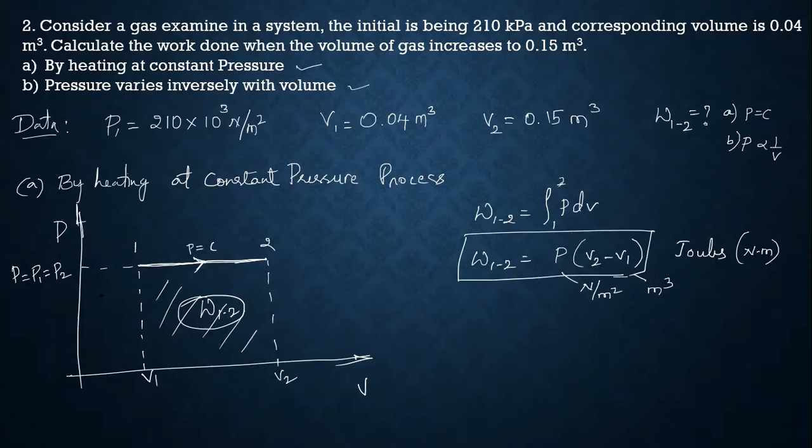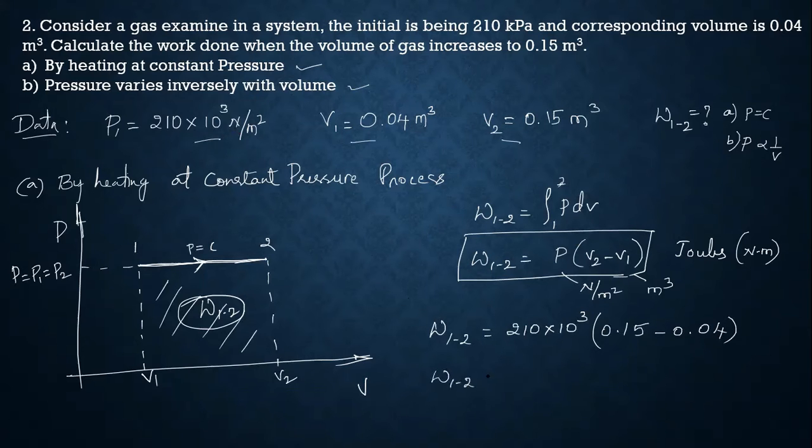Let us check what are the values we got. P is equal to P1 is equal to P2. Yes, it is known in the problem. V2, yes, it is given. V1, yes, it is also given. Therefore, W1 to 2, pressure is 210 into 10 to the power of 3 Pascal, Newton per meter square, and V2 is 0.15 and V1 is 0.04.